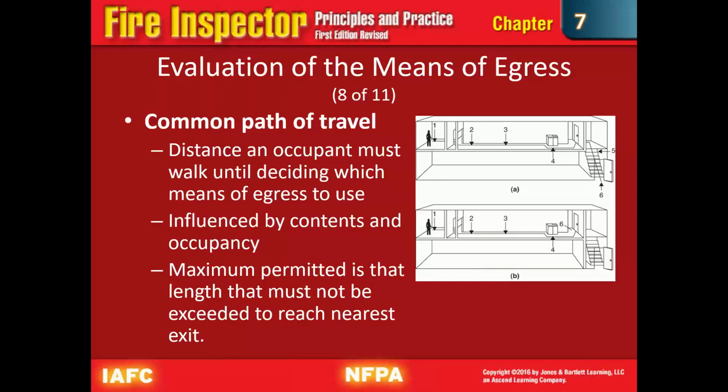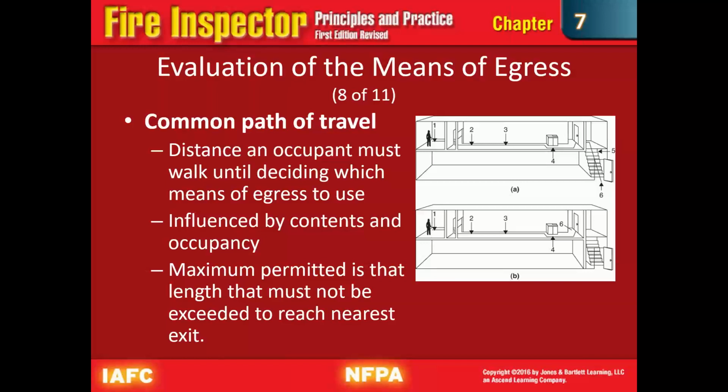All right, you're also going to evaluate the common path of travel, and that's the distance an occupant must walk until deciding which means of egress to use. This is going to be, say, in an office space where somebody is there every day. They go the same way to this place, that place, and the other. They know their area and they maneuver around it every day.